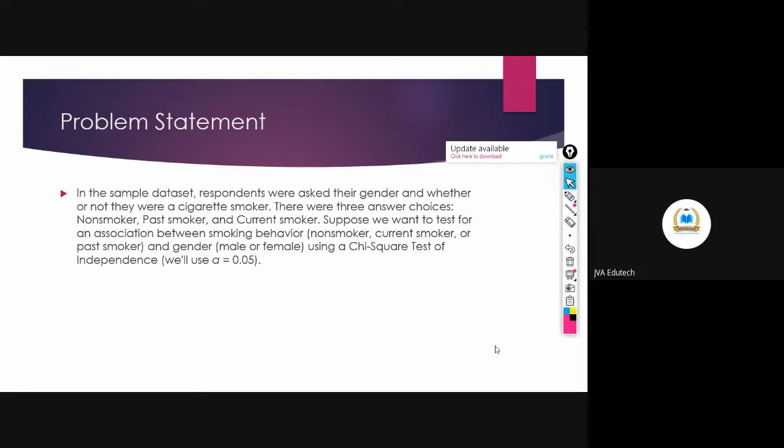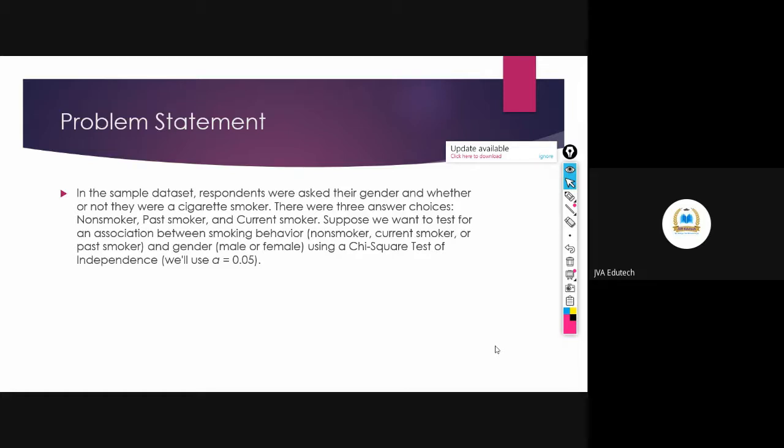We want to know whether smoking is dependent on gender.